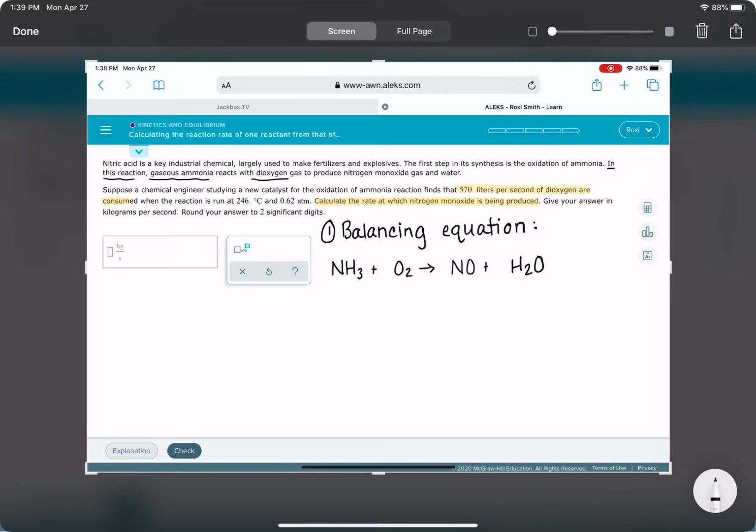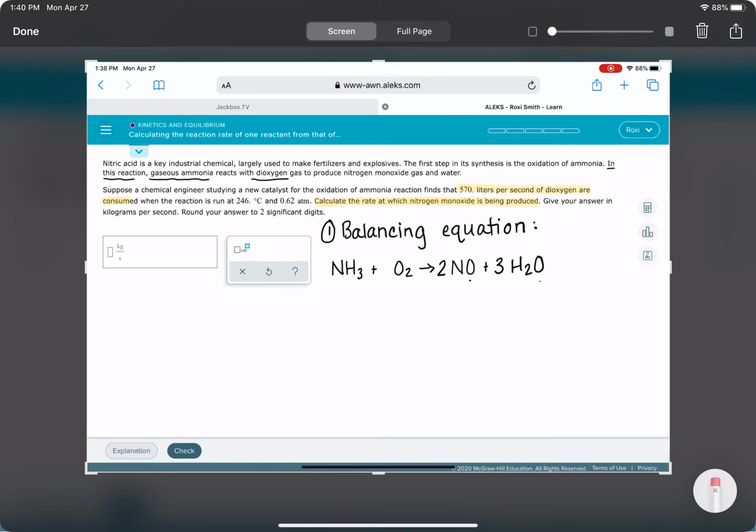So now we need to balance this equation. And I think to balance this equation, the first thing that I'm looking at are 3 hydrogens on the left, 2 hydrogens on the right. So I'm going to bring both of those up to 6 hydrogens. Now I have 2 nitrogens on the left, and now I also have 2 nitrogens on the right. And in terms of oxygen, I have 1, 2, 3, 4, 5 oxygen on the left.